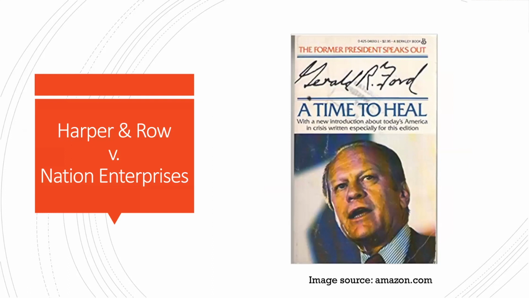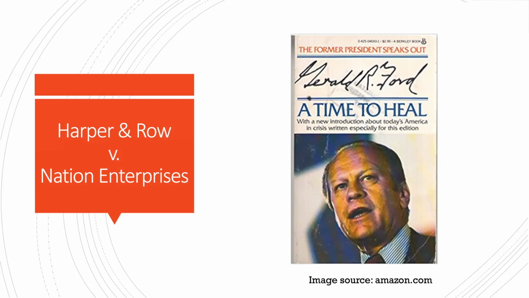An example is Harper & Row versus Nation Enterprises. Harper & Row published Gerald Ford's autobiography, A Time to Heal. Nation Enterprises received an unauthorized copy of the book and decided that it might be a good idea to publish an article about the book before Harper & Row published it. Unfortunately, it was determined that Nation Enterprises published the heart of the work, the most important part of the book, which was the Nixon pardon.